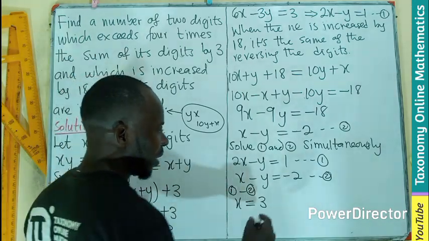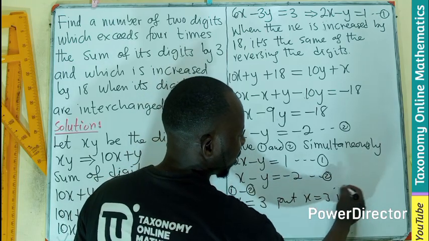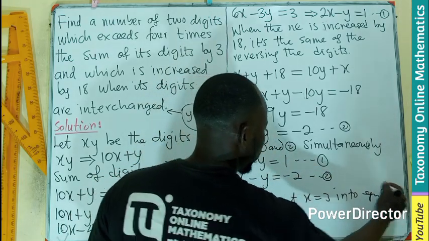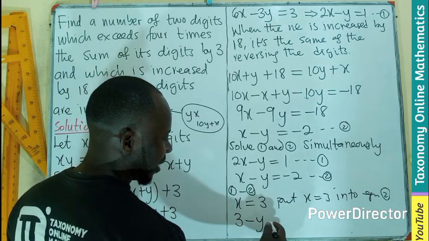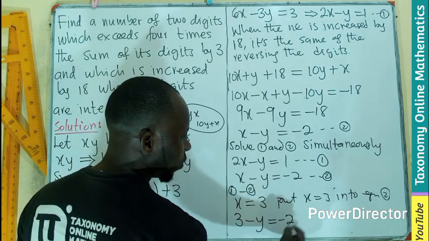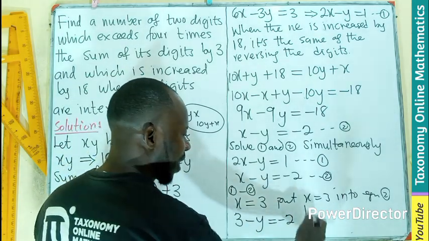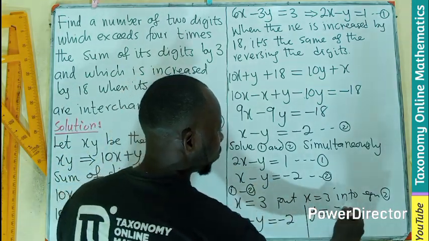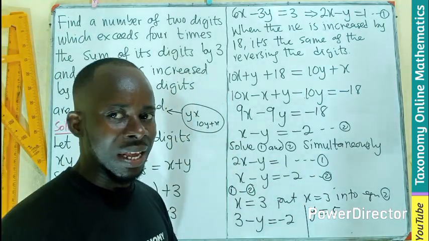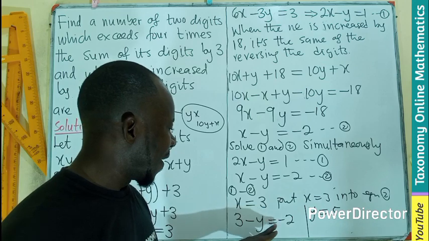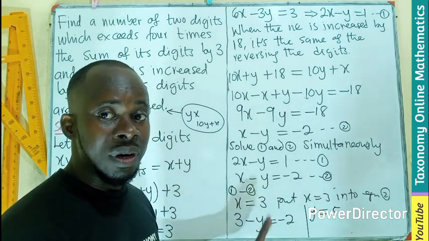Putting x equals 3 into equation 2, we have 3 minus y equals negative 2. Transposing, we get y equals 5. The number we are looking for is xy, where x is 3 and y is 5. That gives 35.